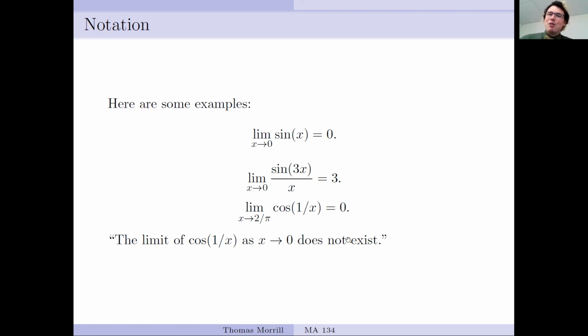My third one here is a bit of a curveball. I'm calculating the limit of the cosine of 1 divided by x. I'm taking the limit as x approaches the coordinate 2 divided by pi.